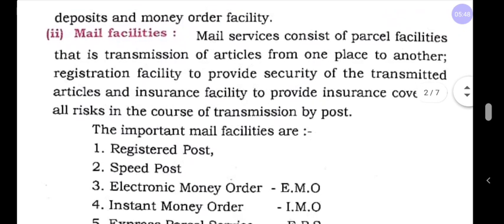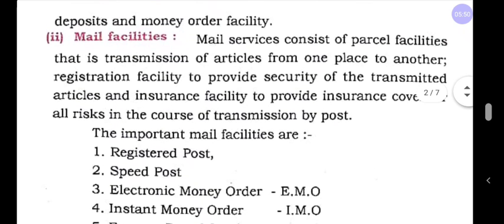Mail services consist of parcel facility, that is transmission of articles, that is goods, from one place to another place; registration facility to provide security to the transmitted articles; and insurance facility to provide insurance cover for all risks.